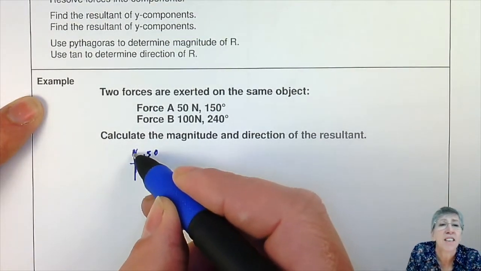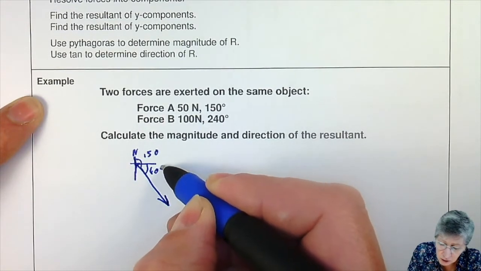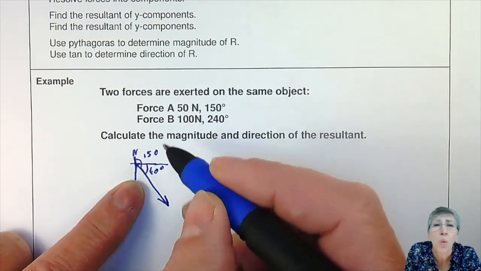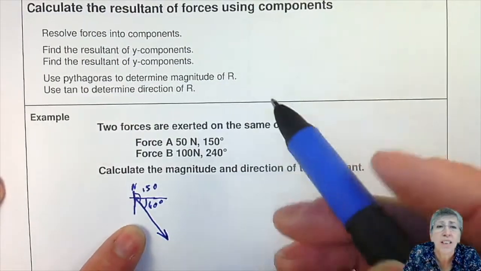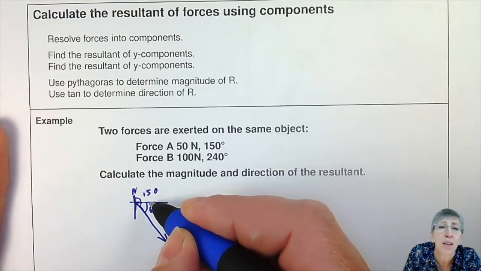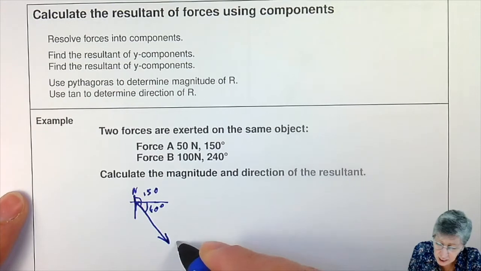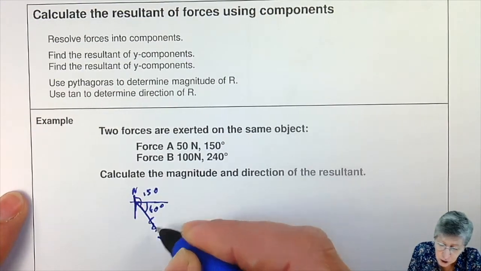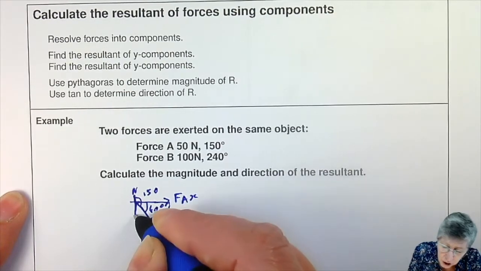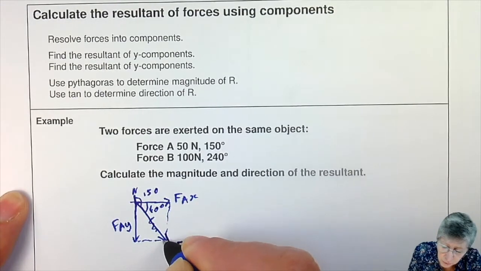It's 90 up there, and then the rest, 60, down there. Now, why do I try to get that 60? Because when I work out components, I always need the angle with the horizontal. So from the 150, I'm going to go with the 60. Here I'm going to say this is FA, and I'm now going to replace that by the FA in the X direction and the FA in the Y direction.